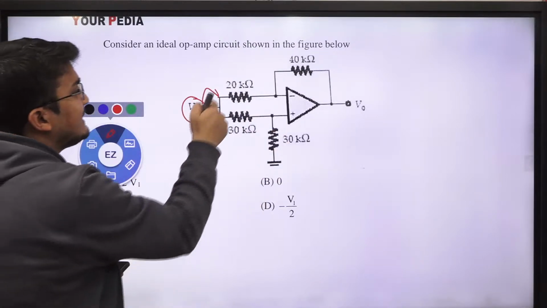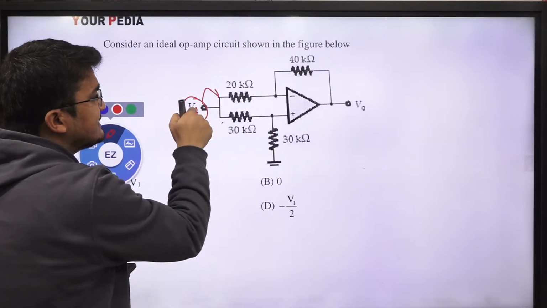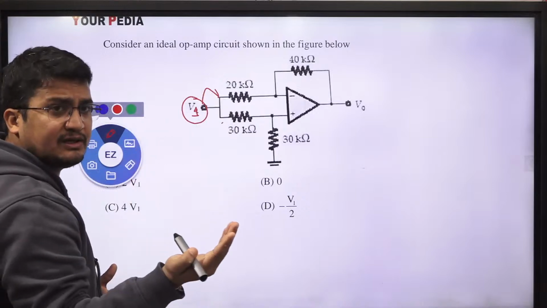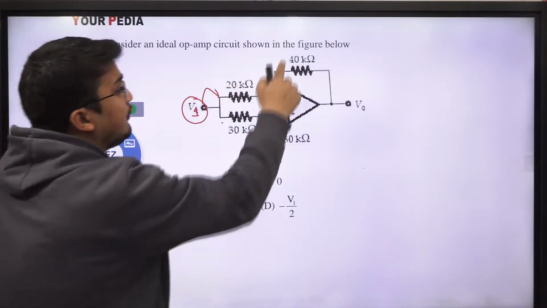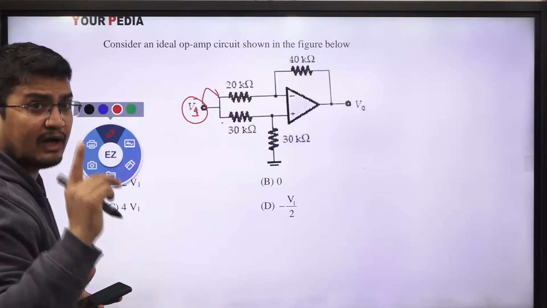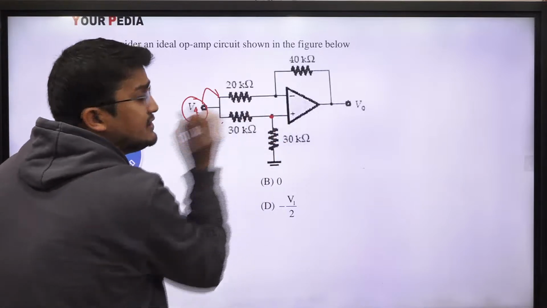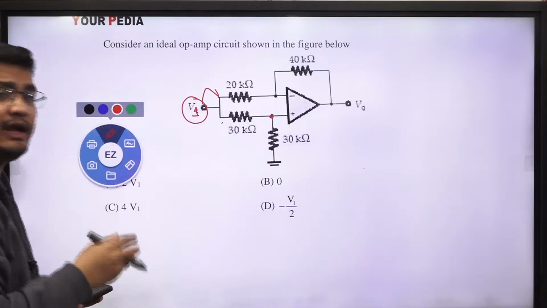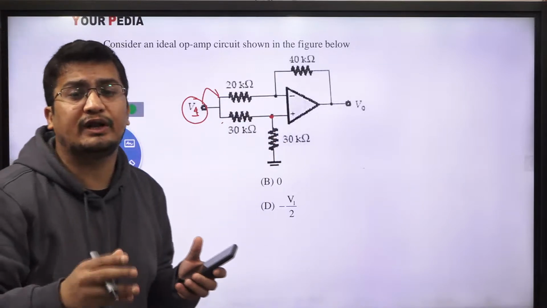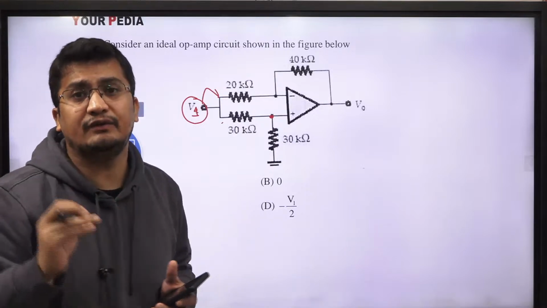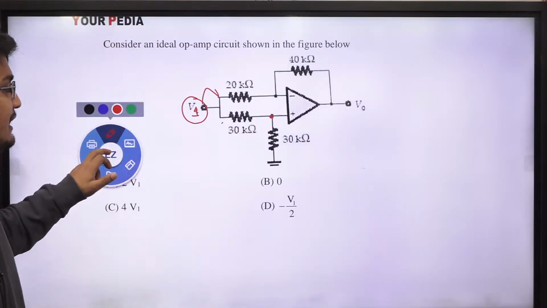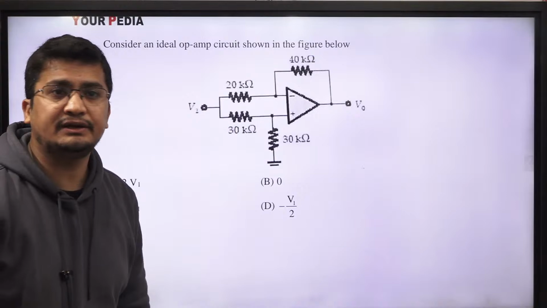In the second case, I grounded the inverting input and considered the input at the non-inverting. Then I will get 1 plus RF upon R1 multiplied by this voltage. Is it clear? Finally, to give the overall voltage, I added both Vo plus and Vo minus, and I end up getting the answer minus V1 by 2, right?